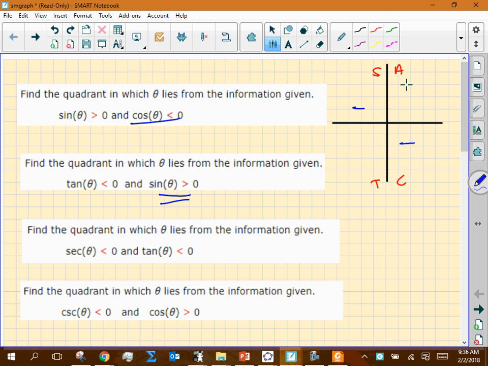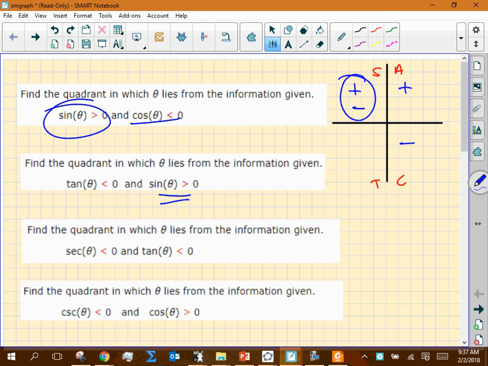Positive. Sine is positive in that quadrant and that quadrant, right? So we're looking again at quadrant 2 because that's where the overlap is. So one of these pieces of information is going to narrow your view down to 2 quadrants out of the 4, and then the other one is going to narrow you down out of those 2 quadrants to 1 quadrant. Does that make sense?